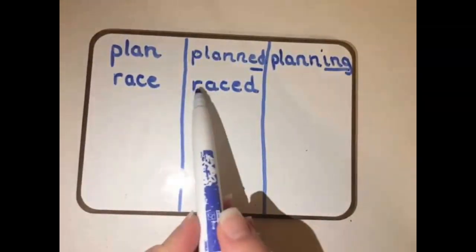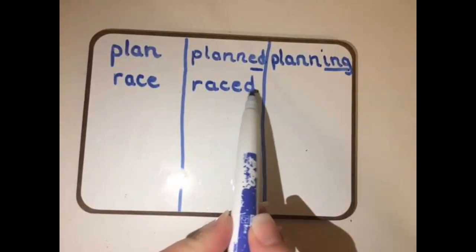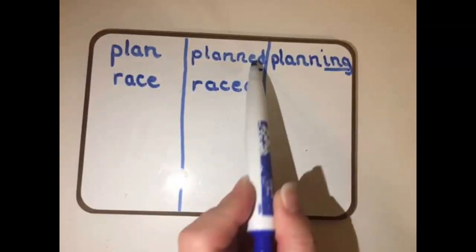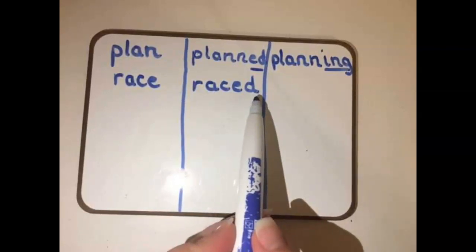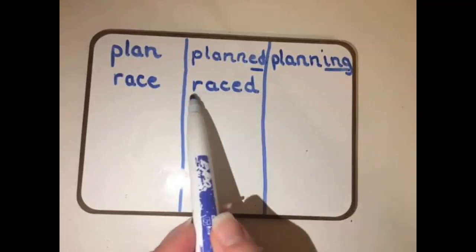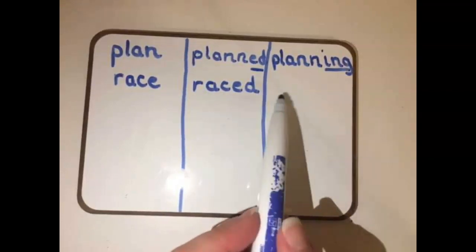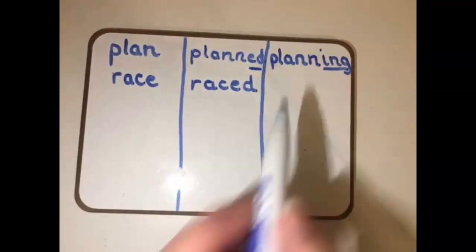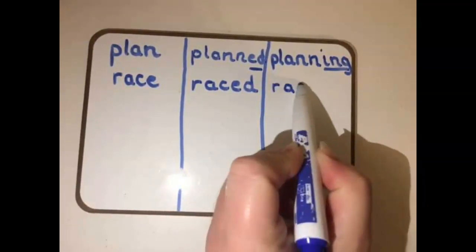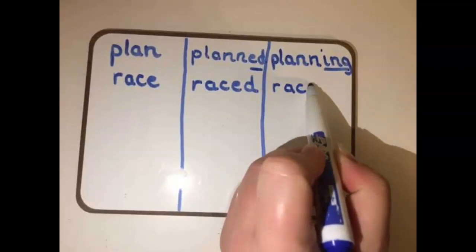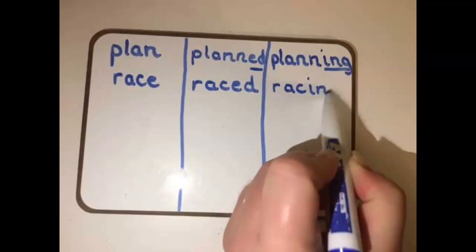So when we make it raced, we already have a part of the suffix there, the E. So just put a D on the end. Okay? Just put a D on the end, and you have raced. Now, if we're going to make it racing, we drop the E and make it ING.